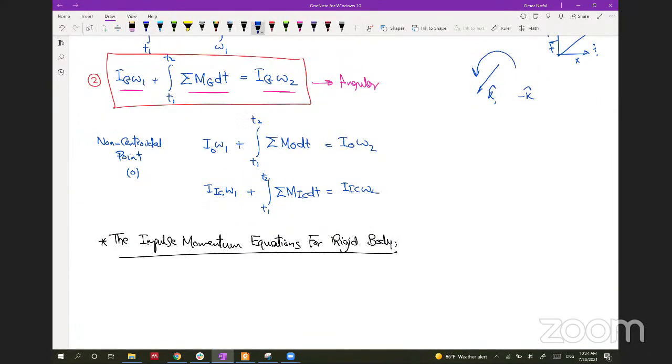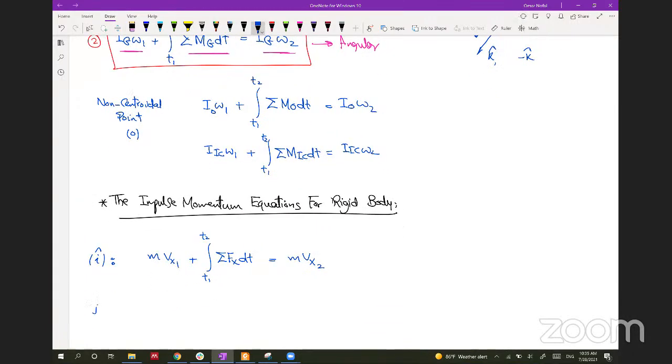The first one, you will have m v x1 in the i hat direction, plus the sum of the forces in x dt integrated from time t1 to t2, equal to m v x2.